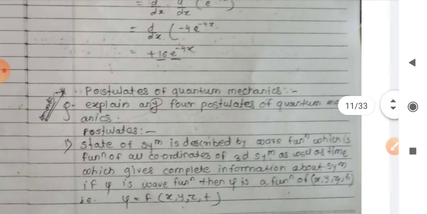Next, the important part of quantum mechanics is the postulates of quantum chemistry. Here we will see how classical mechanics and quantum mechanics are correlated. So what do we mean by postulates?